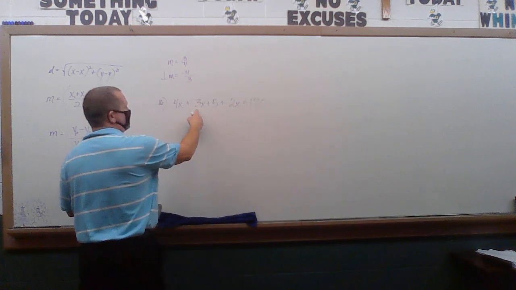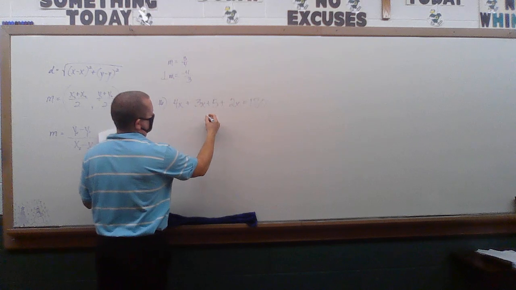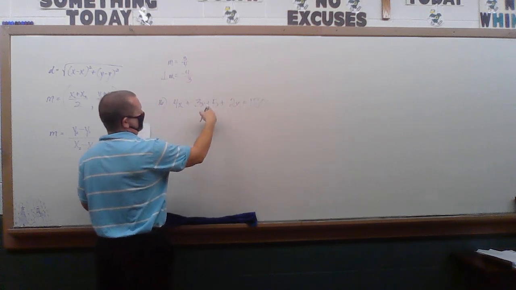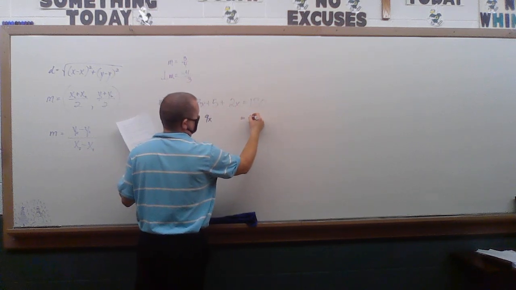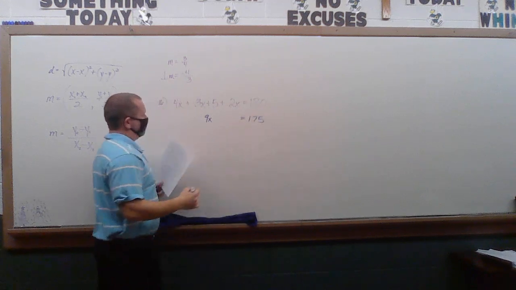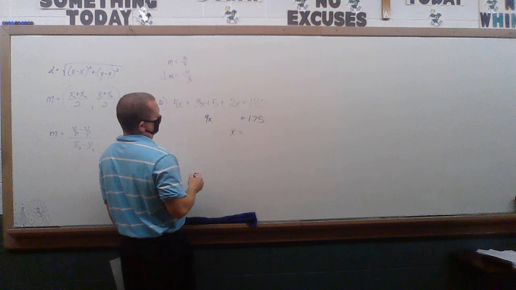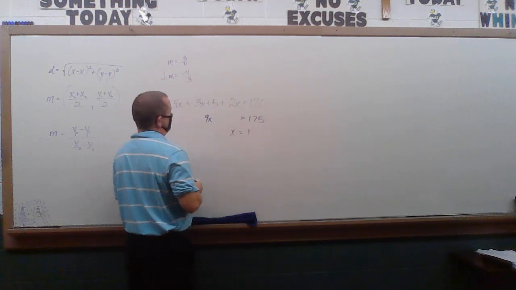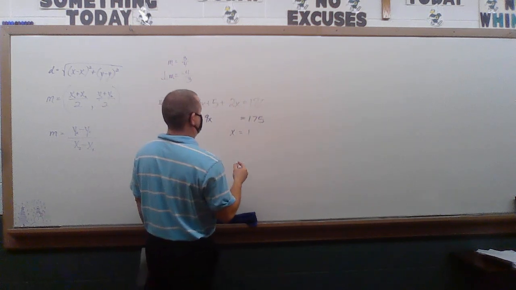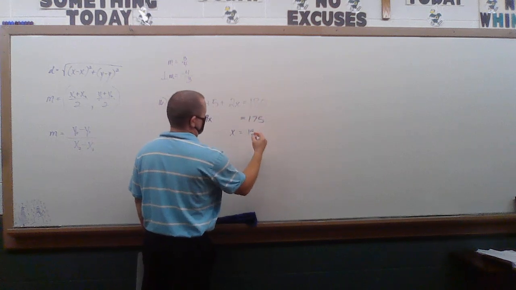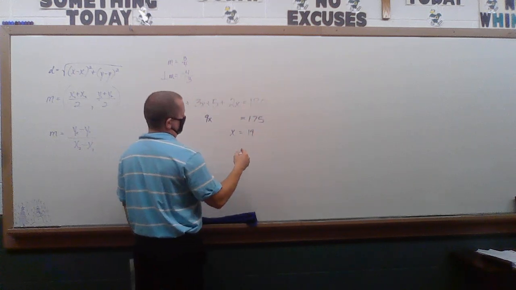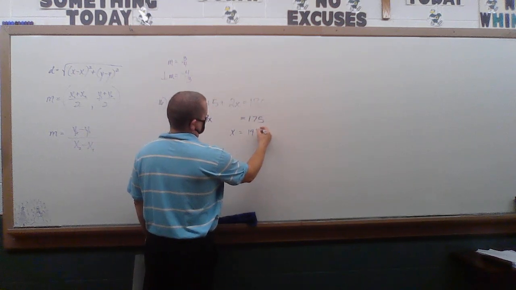So 4 plus 3 is 7, 8, 9x. And then I'm going to subtract 5 to this side. And then I'm going to get x all by itself. What do we get? 9 into 85 goes 9 times, so it looks like it's a decimal. 4 9ths.